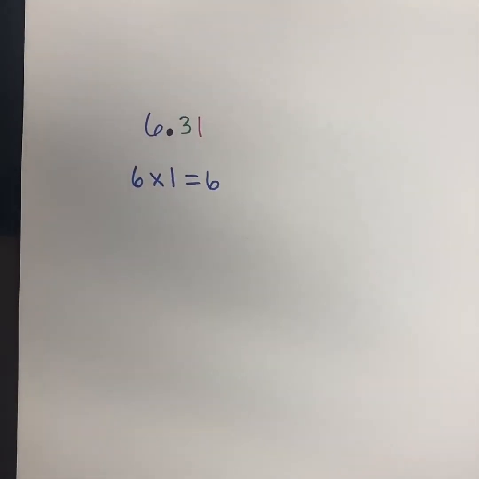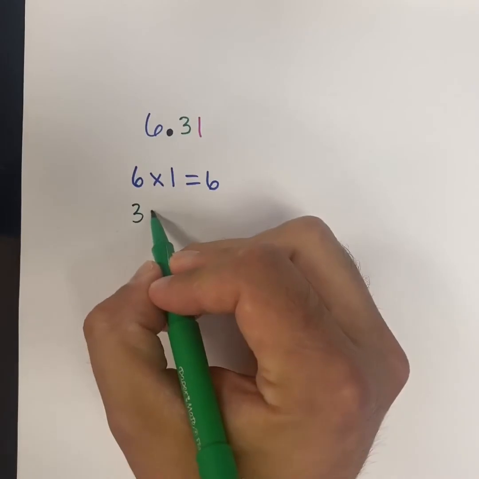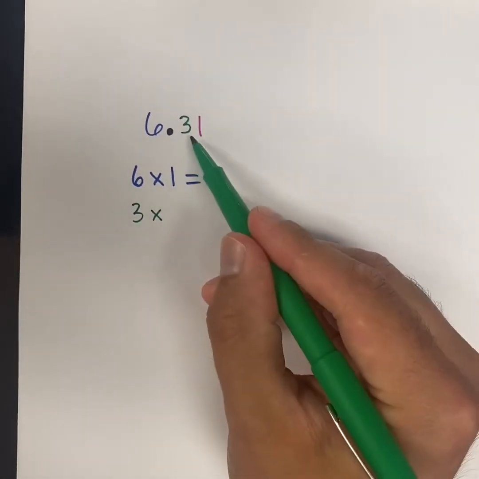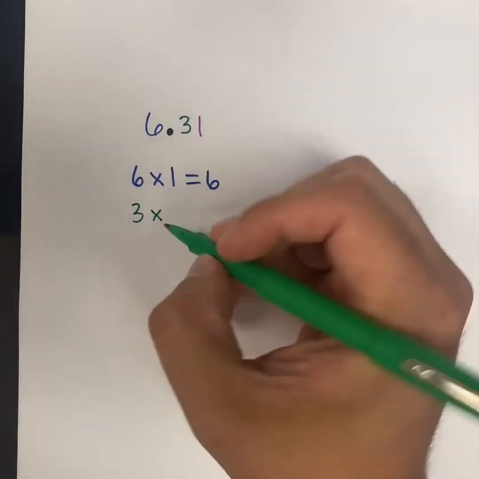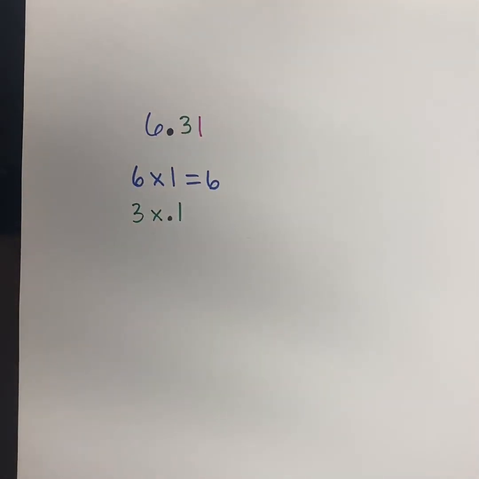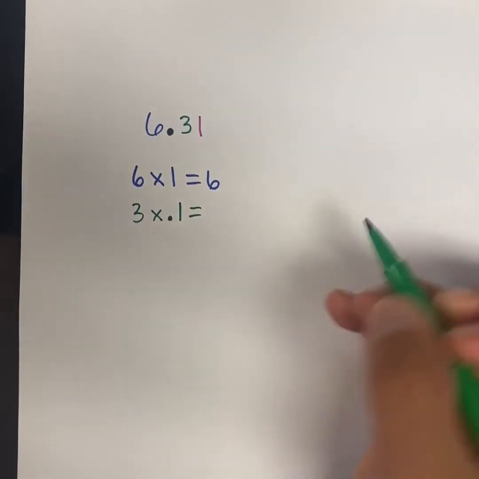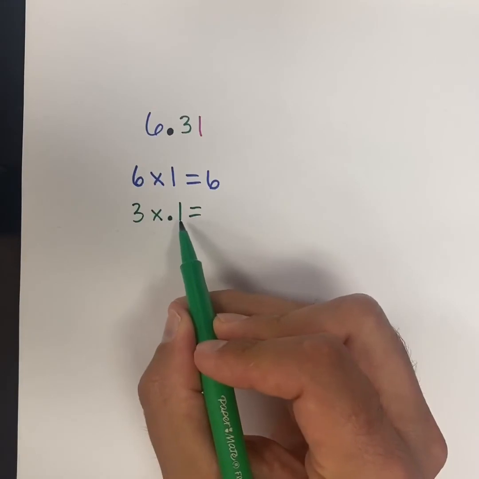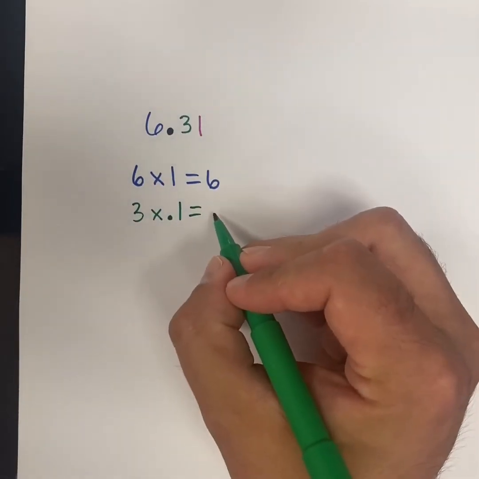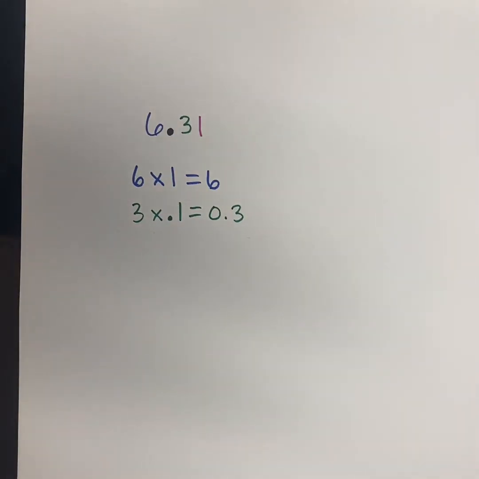So if we're trying to find the value of the 3 in this number, we're going to see, okay, it's 3 times something. Well, this is the tenths spot. So I'm going to multiply by 1/10. And when I do this, you could pull out your calculator if you need to, but I know that 3 times 1/10 is going to be equal to 3/10.